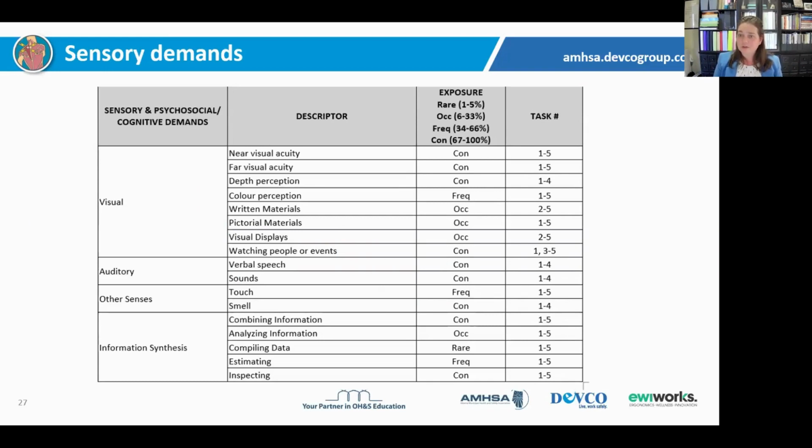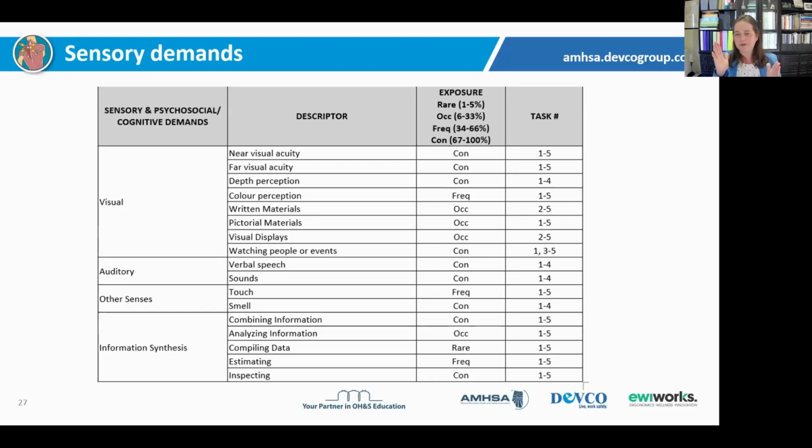Sensory and psychosocial demands, these cognitive demands are frequently looked at in a cognitive demand assessment or in a job demand assessment. Some templates go into a lot of detail on what kind of visual or auditory demands might be required. So if that's something that's really important in your workplace, make sure you're looking at a template that goes into this instead of just one that says visual demands are important.